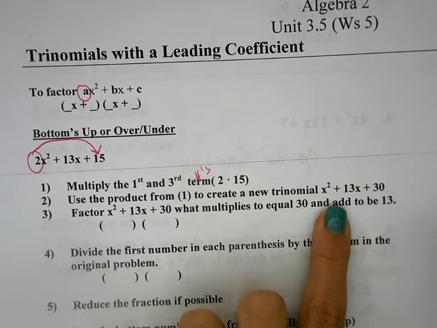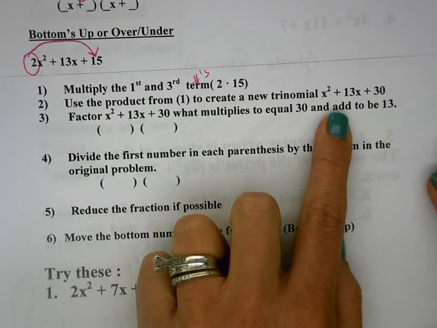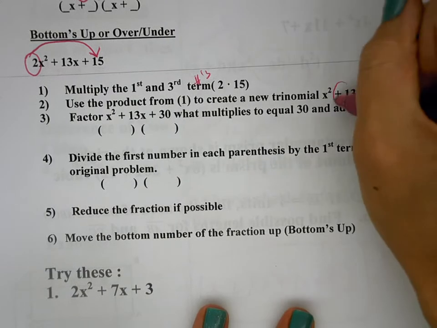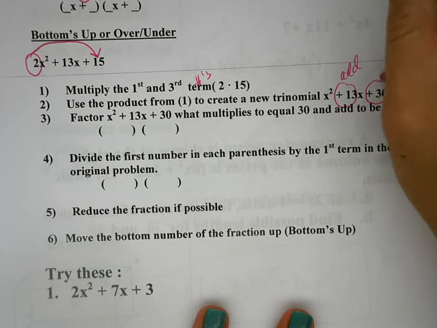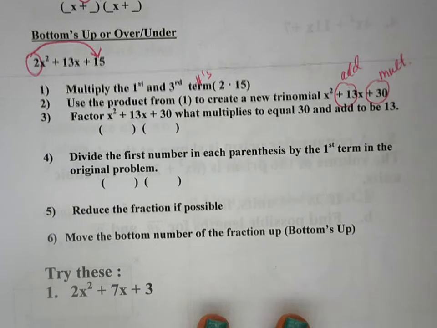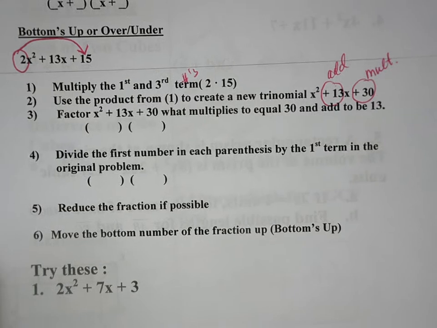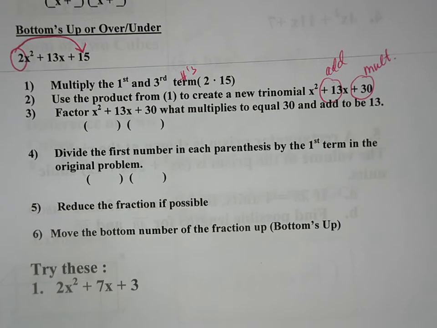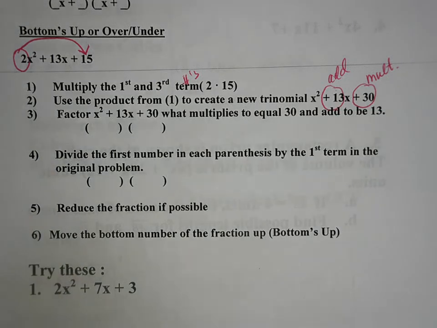Now this is where it is the same type of factoring as we've been doing already. So remember that our 13 is our adding number and our 30 is our multiplying number. Now, I've told you guys this before, but I highly recommend that you always list all the numbers that multiply to be this number. The reason is, sometimes there is more than one number that multiplies, or more than 2 numbers that multiply to become 30.